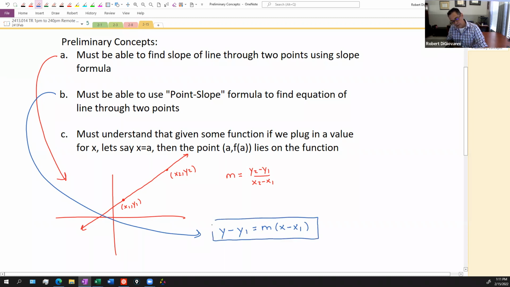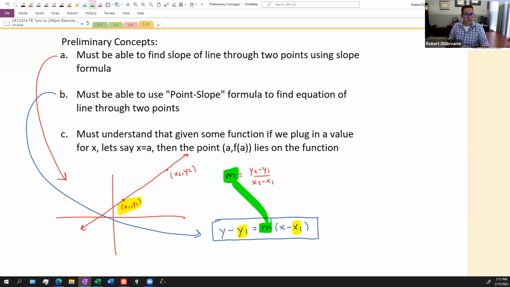That's our point slope formula. So what you do is you take one of these points, x1, y1, you replace these values with the x1 and y1, and then you take the slope that you found in that formula and you plug it in right there, and that will give you the equation of the line. Does that all look familiar? Yes. We're going to get practice with it when we're actually working through this section.